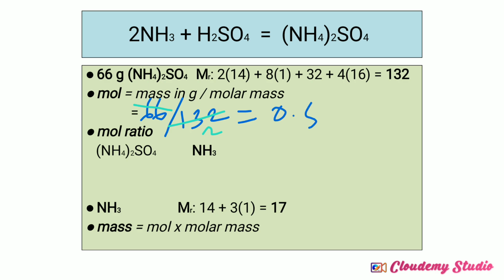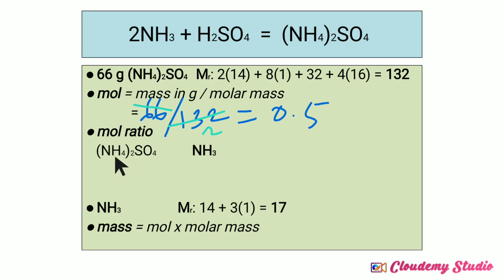So the number of moles we have calculated for 66 gram of ammonium sulphate is 0.5. Using this 0.5, we need to find the mass of the ammonia. So the second step is to compare the mole ratio. Which moles do we need to compare? The given amount in the question is ammonium sulphate.